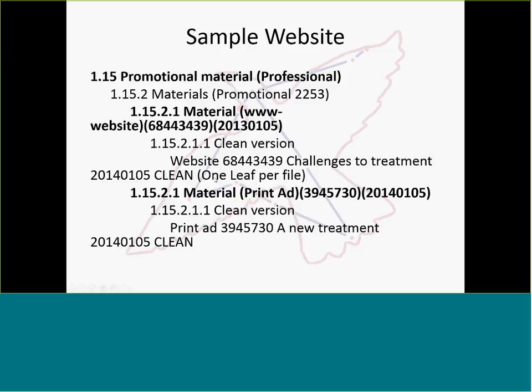One thing about websites is, with eCTD in general, you need one leaf per file. So if the website is 10 pages, you have to have 10 files there to be able to submit it. And then we have a print ad related to the website.